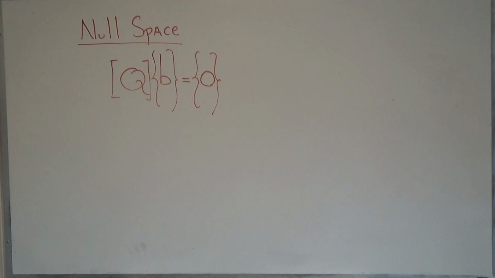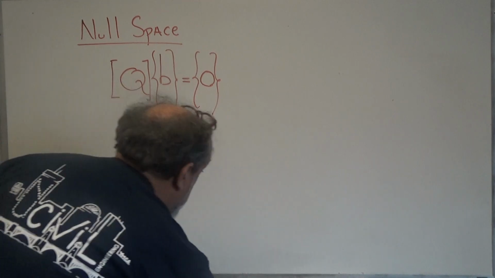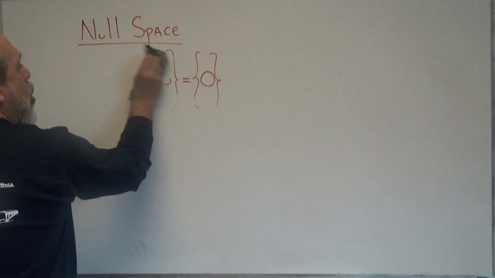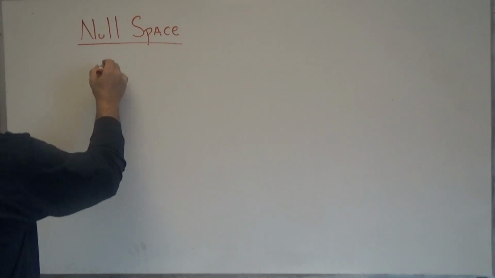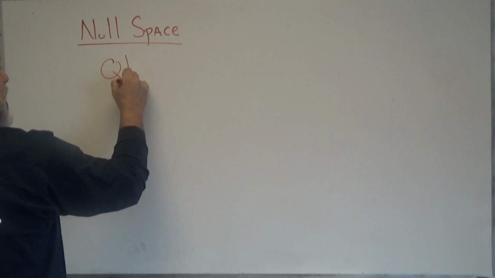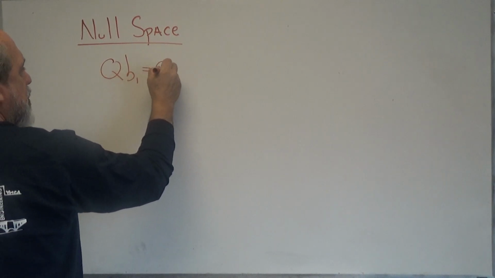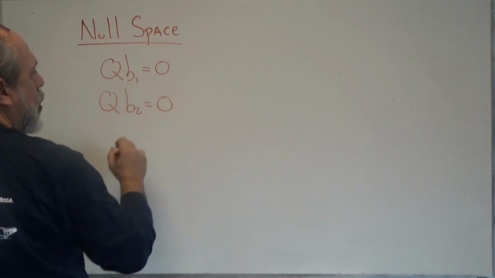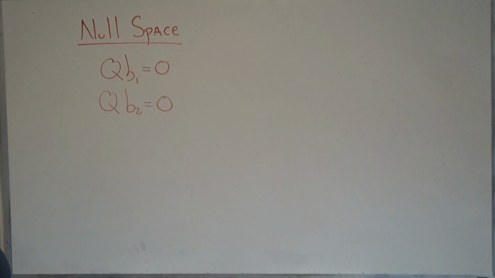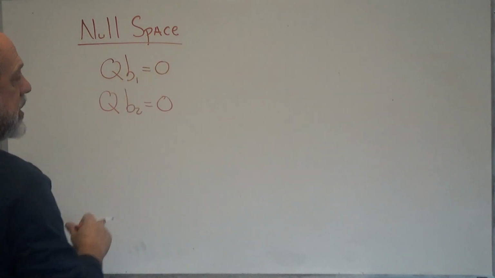Now, if it turns out that there is more than one B for which that is true, then we could say, for example, that Q times B1 is 0, and so is Q times B2, where B1 and B2 are not proportional to each other, obviously, right? Because if B2 was 2B1, that's obviously true.